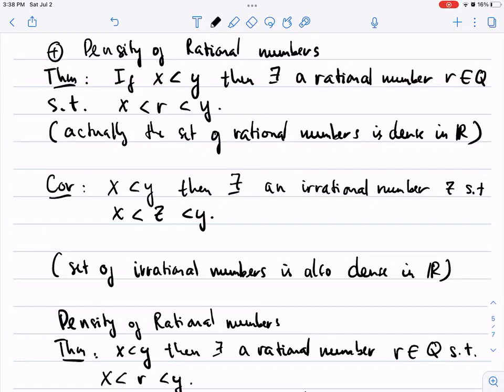That's what it means to say that the rational numbers are everywhere in the set of all real numbers. It doesn't matter how small you choose the distance between these two numbers, there are always several rational numbers in between.